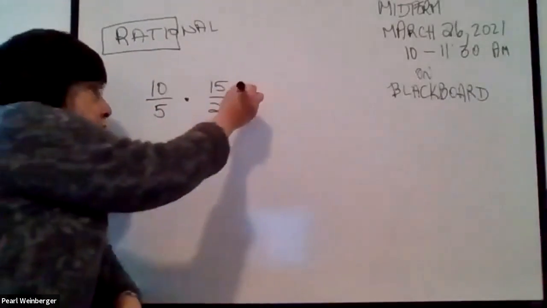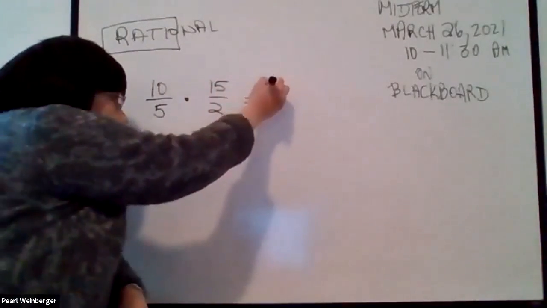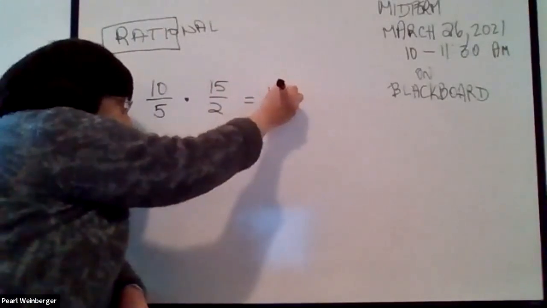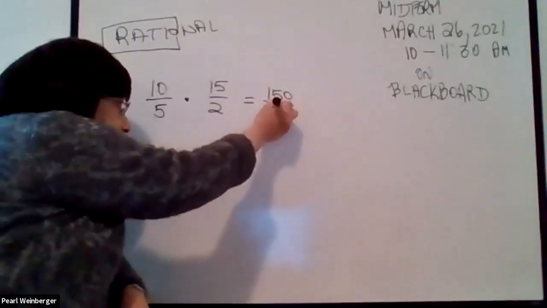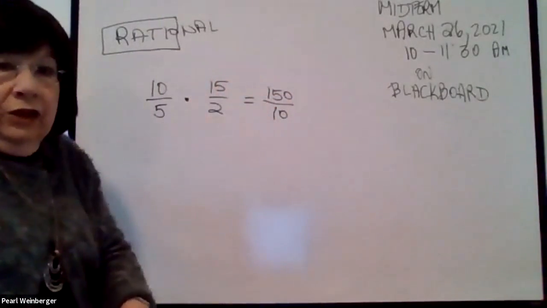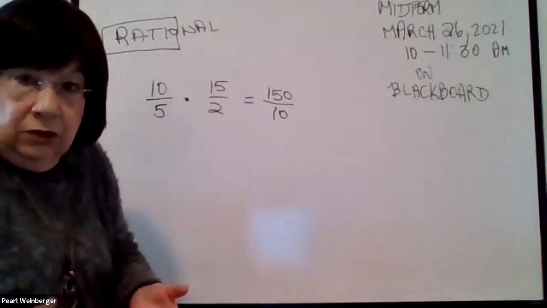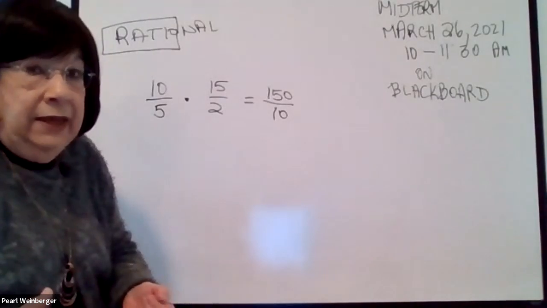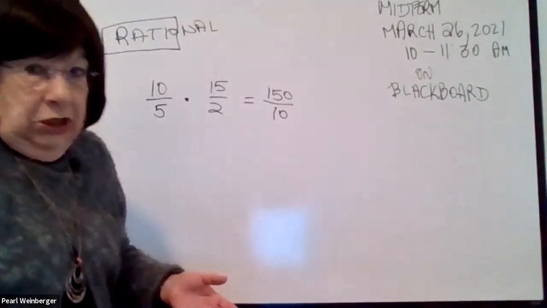If I were to do that, I would get 10 times 15, which is 150, over 5 times 2, which is 10. And then I'd have to reduce this fraction, which, since you've done all this multiplication, might come out to be quite large numbers to deal with.